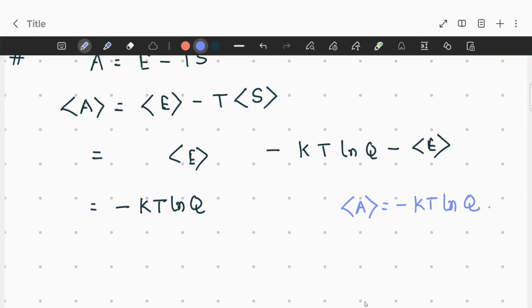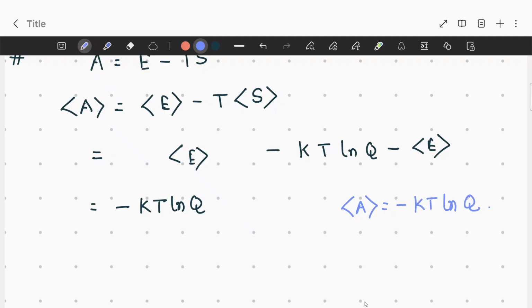Now, from these equations, what can you conclude? Helmholtz free energy is a function of T and volume. That is okay.